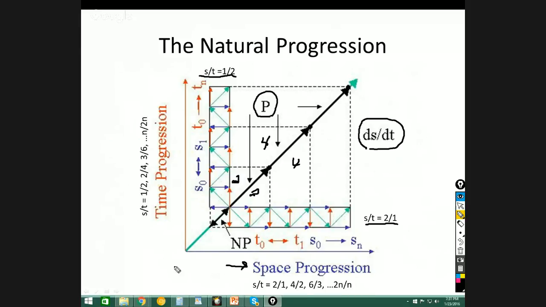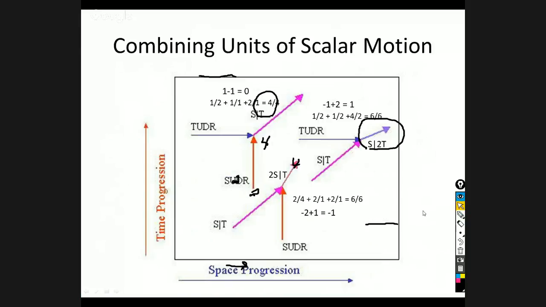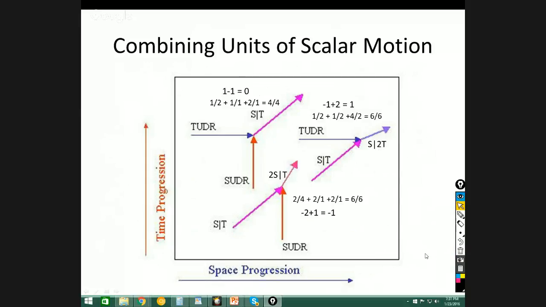So anyway, I hope that makes sense, but it's important to understand that this now gives us something to work with in combining units of scalar motion.